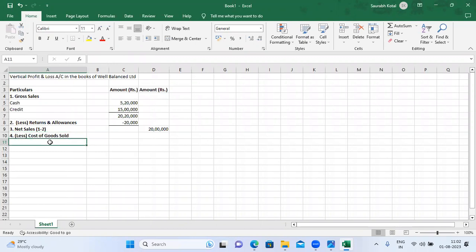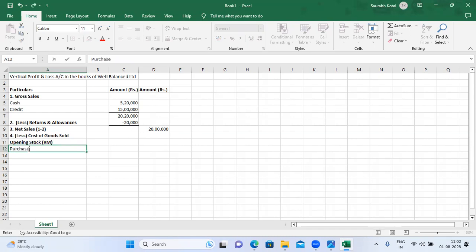As per the question, it is opening stock of raw material, so the first thing we write here is opening stock. What if it is opening stock of finished goods or work in progress? It's fine, it's an opening stock. The next thing is purchases.